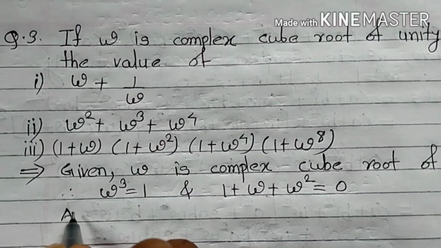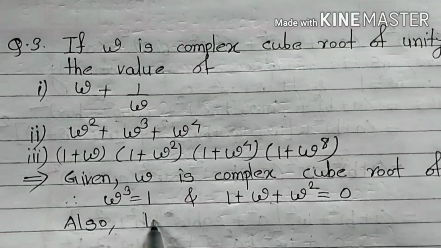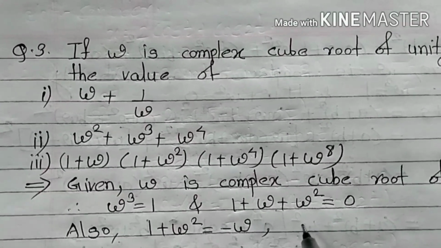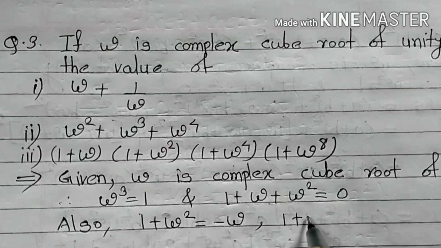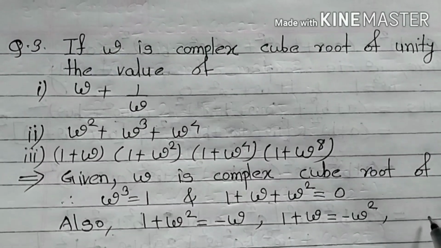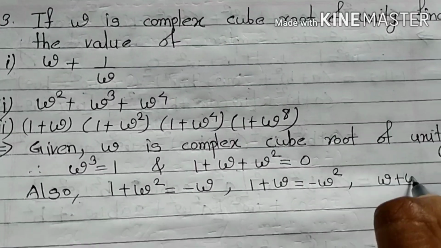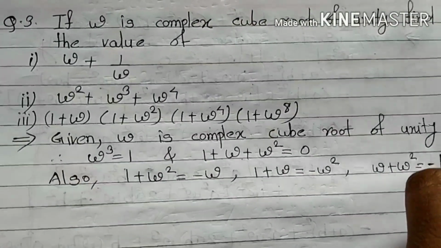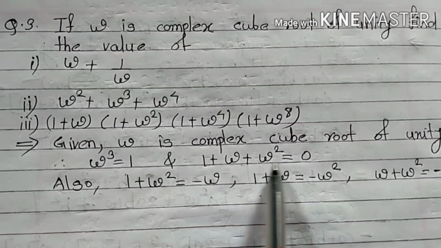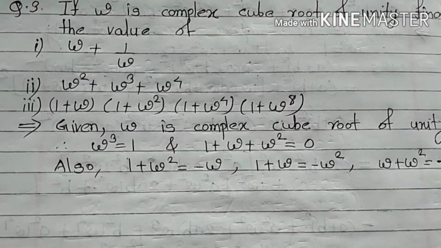Also, 1 plus omega square is equal to minus omega, 1 plus omega is equal to minus omega square, and omega plus omega square is equal to minus 1. So these are the possibilities from this 1 plus omega plus omega square.